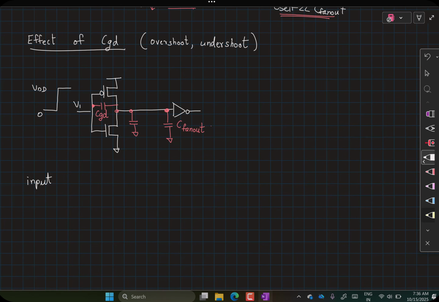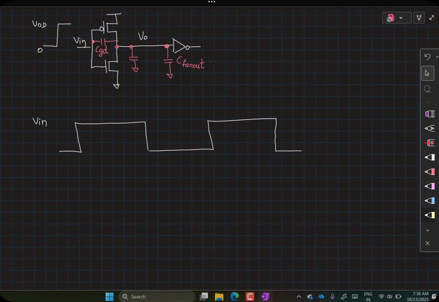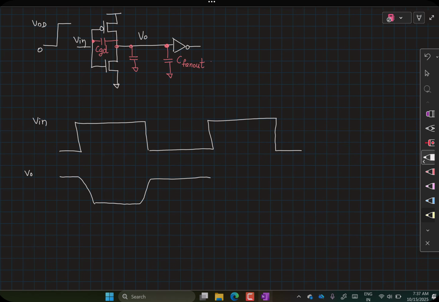So let's say this is your V in and this is your V out. Let's say this was the V in signal that you fed at the input. Now, without the capacitive coupling, you expect to see your V out signal to be an inverted signal like this. Right?